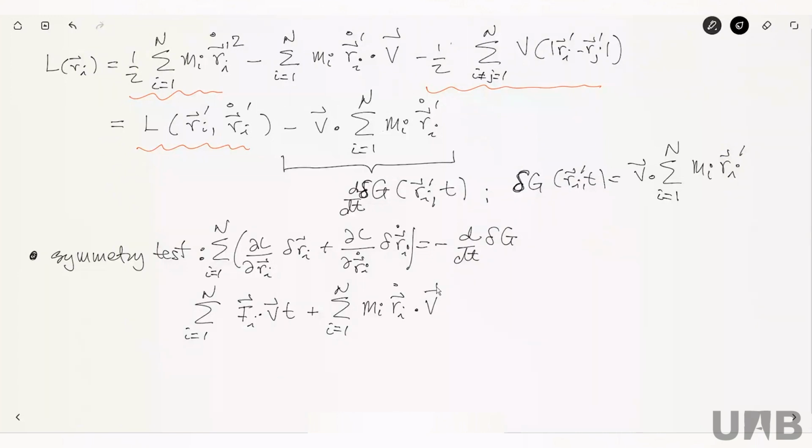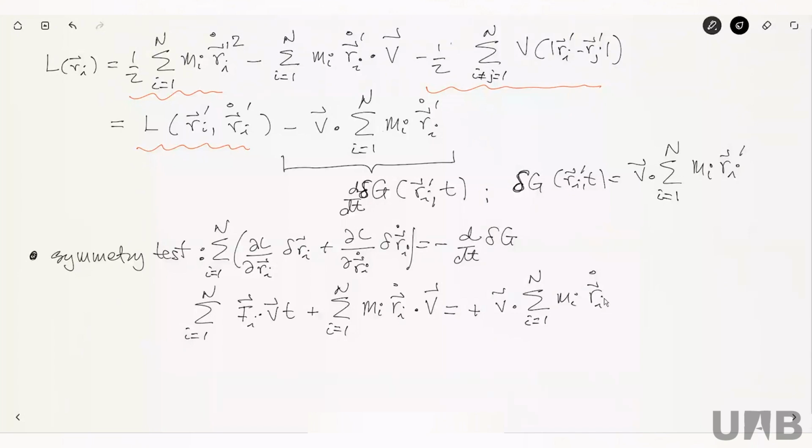And this has to be minus the derivative with respect to time of delta g. And the derivative with respect to time of delta g is minus this thing. So minus and minus is plus velocity times the sum from i equals 1 up to n of mi ri dot.